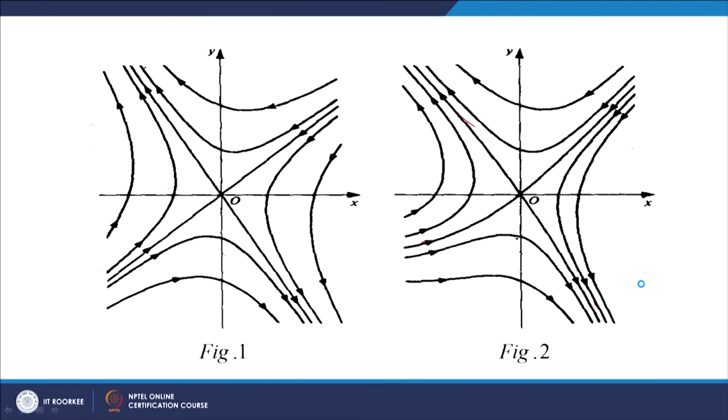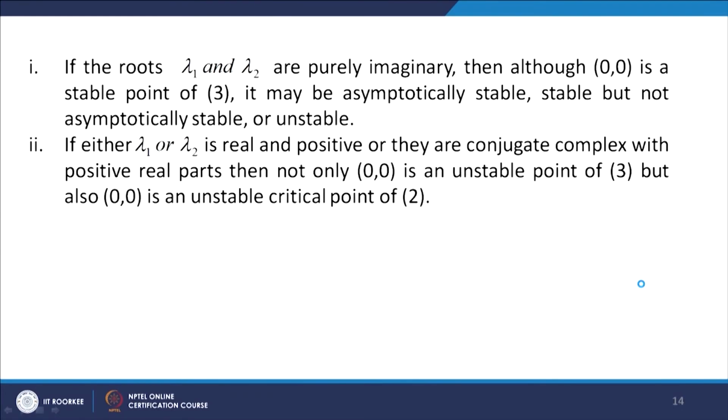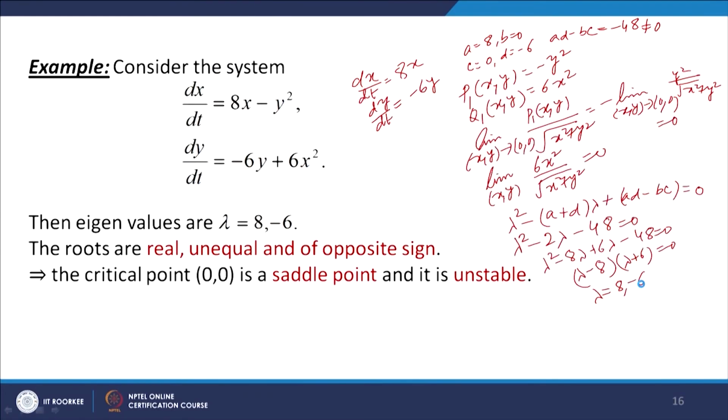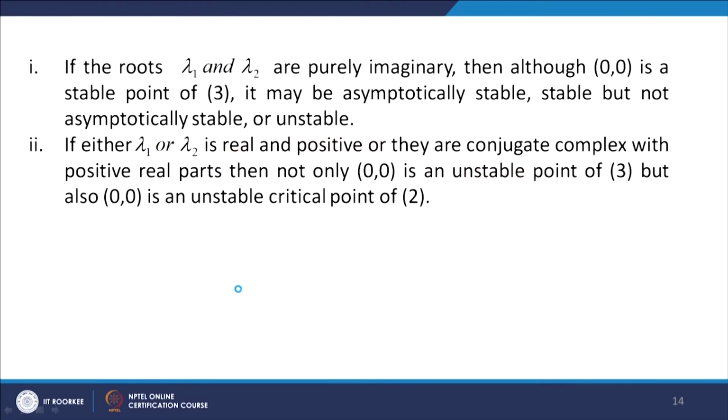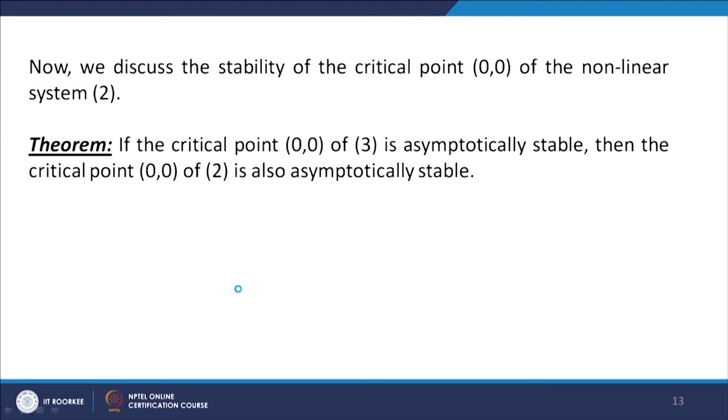So, (0, 0) is a saddle point. Okay. Now, we go to regarding stability. If the critical point (0, 0) of 3 is asymptotically stable, then the critical point (0, 0) of 2 is also asymptotically stable.